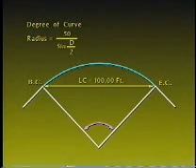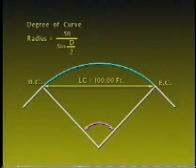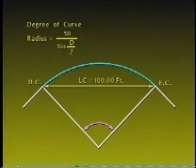The second definition of degree of curve is by chord definition, as shown in the next graphic. The chord definition is most often used by railroads and is defined as the central angle of an arc of curve subtended by a curve with a chord 100 feet long.